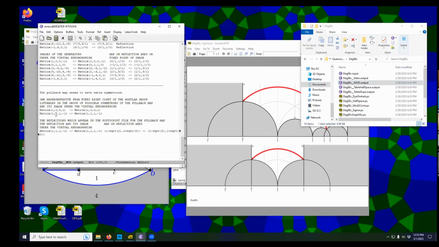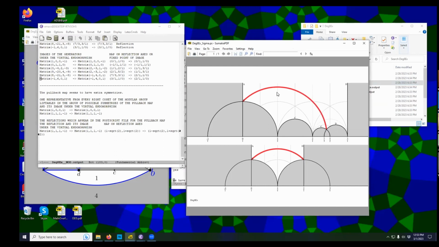This information down here says that the reflection corresponding to this geodesic has matrix 1, 1, 1, minus 1, and its image under the extension of the virtual endomorphism is equal to itself. It's 1, 1, 1, minus 1.